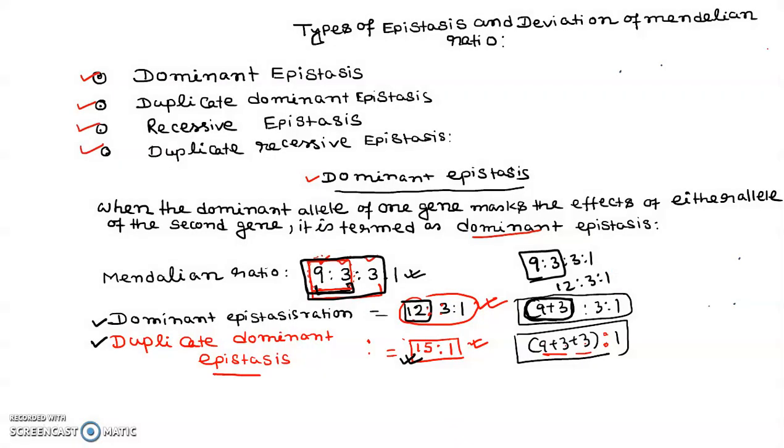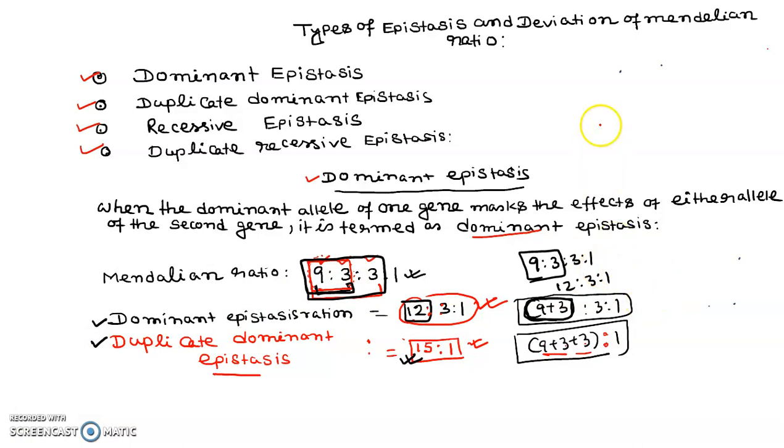Now coming to types of epistasis: dominant epistasis, duplicate dominant epistasis, recessive epistasis, and duplicate recessive epistasis. Dominant epistasis means when the dominant allele of one gene masks the effect of either allele of the second gene. From an exam point of view, we have to remember the ratio of dominant epistasis.